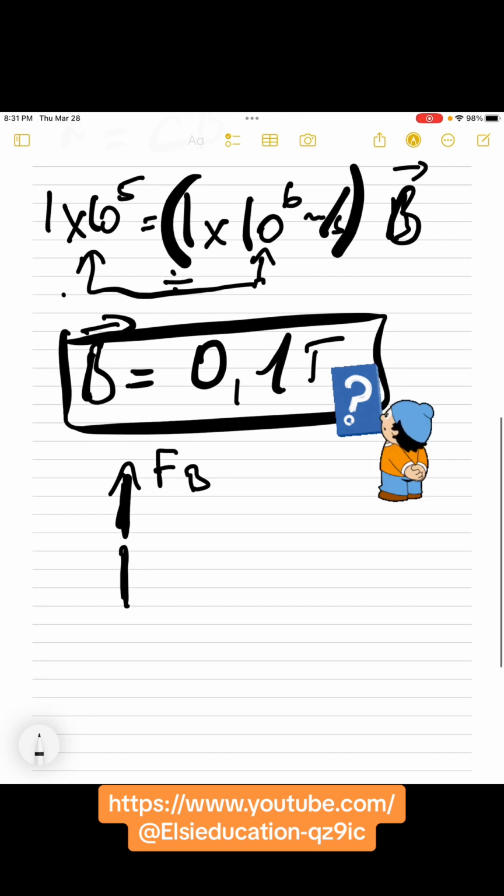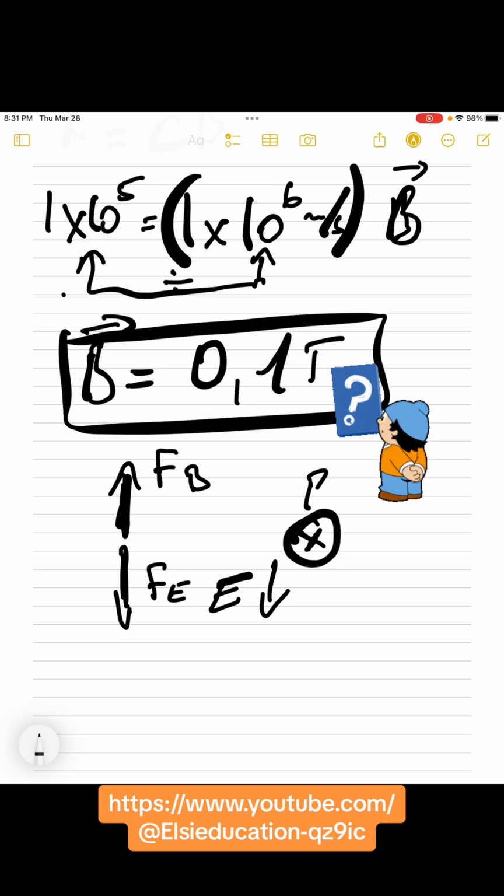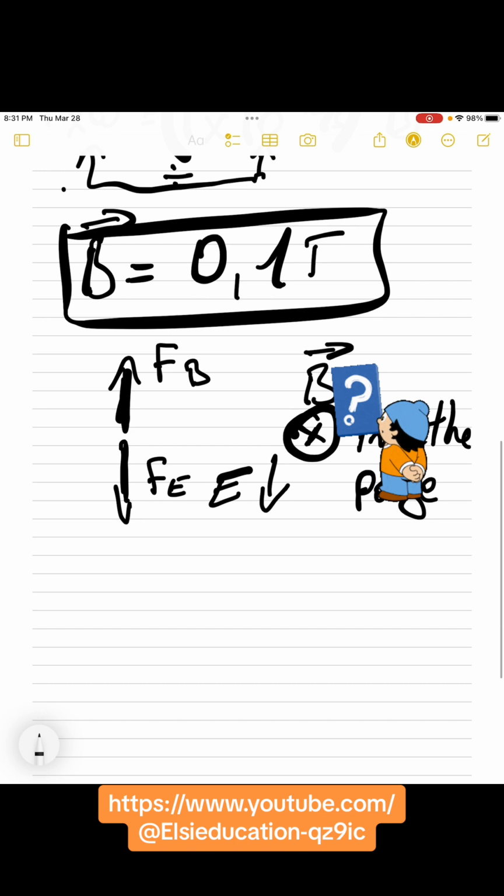That means the force of the electric field is down, and the electric field is down, meaning that the magnetic field will be into the page. Okay, that's the direction of the magnetic field.